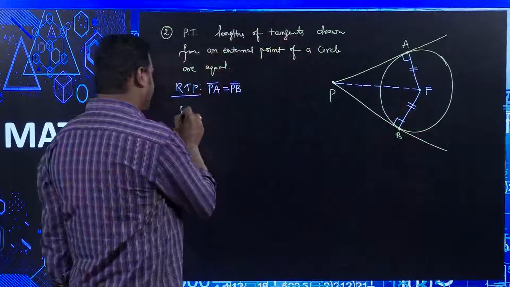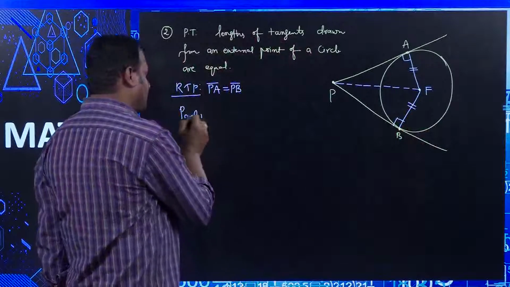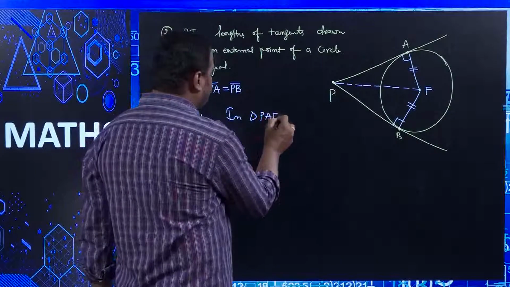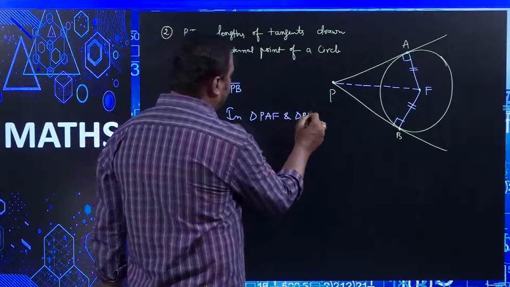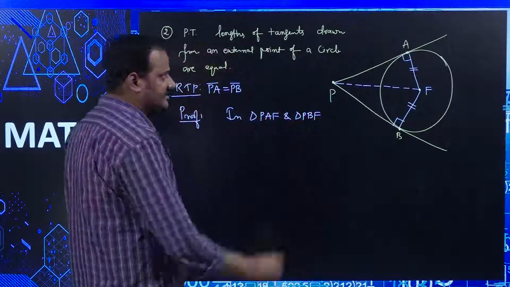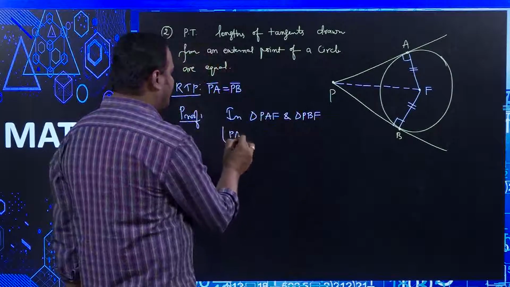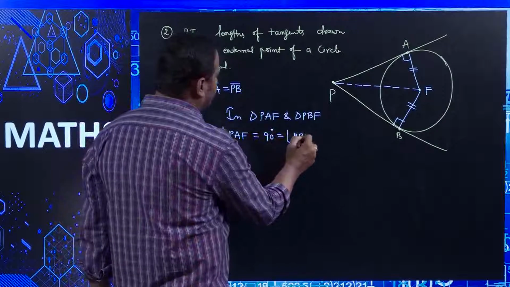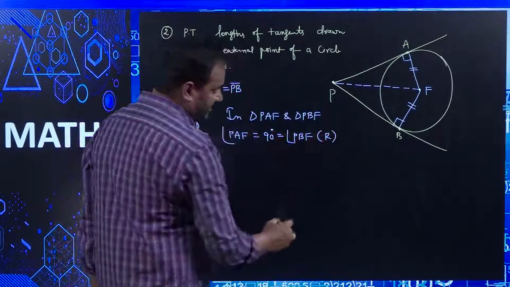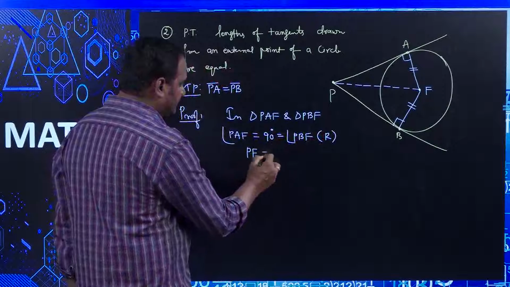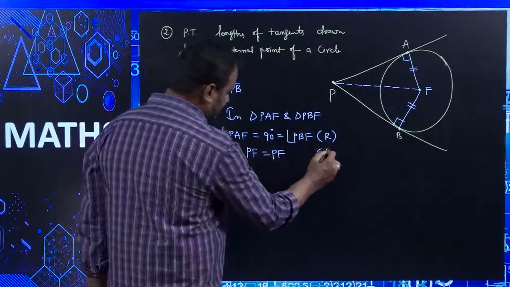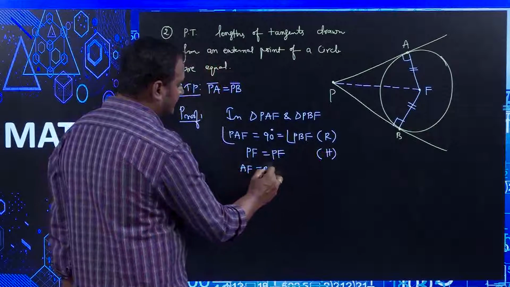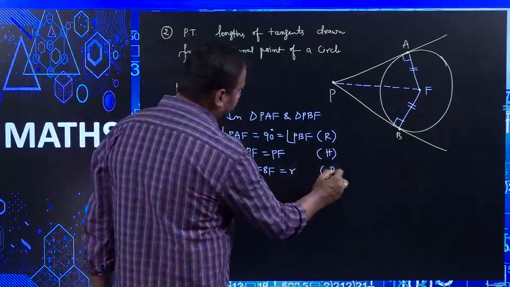So here we write: in triangle PAF and triangle PBF, angle PAF is equal to 90 degrees, which is equal to angle PBF, so that is the right angle. PF is equal to PF, the common hypotenuse. AF is equal to BF, which is equal to the radius, so that is the side.